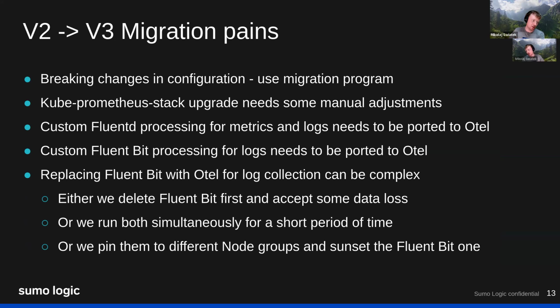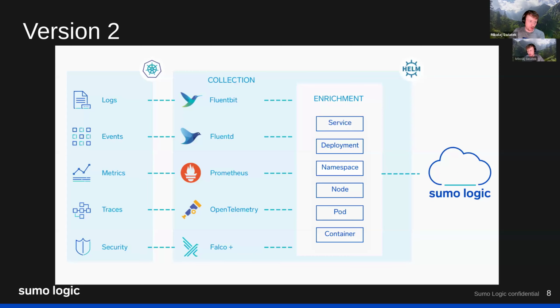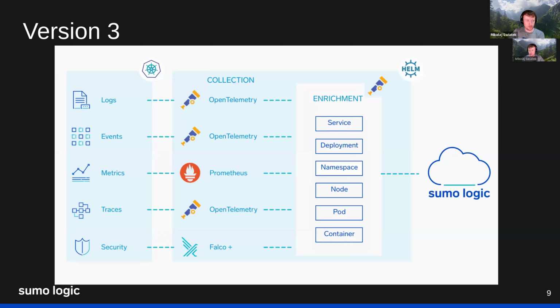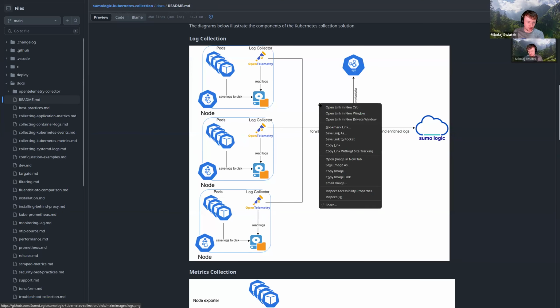And the second painful thing is we are replacing the log collector agent here. Here it's FluentBit, and here is the OTel collector. This is technically something of a fraught process. And the reason for it, I wasn't sure if I was going to do it, but I think I will. Let me show.